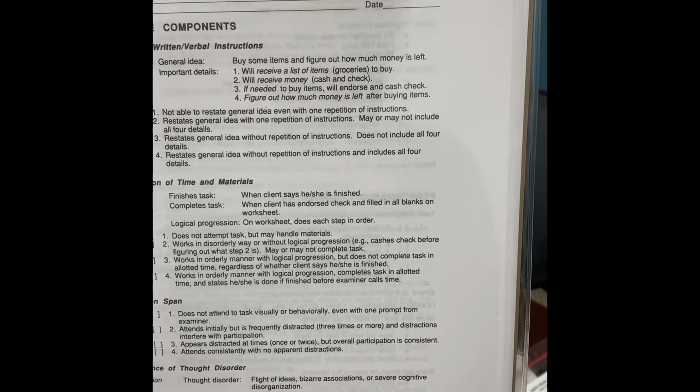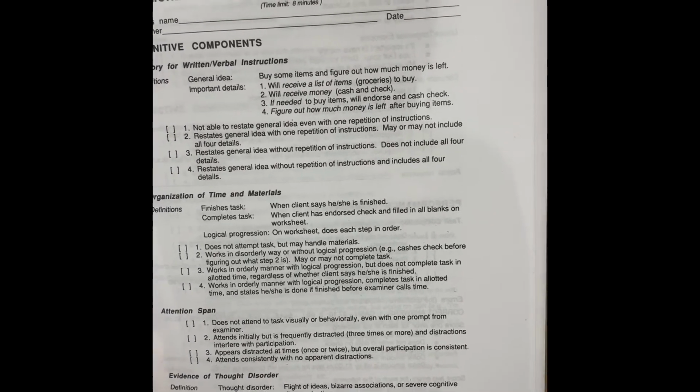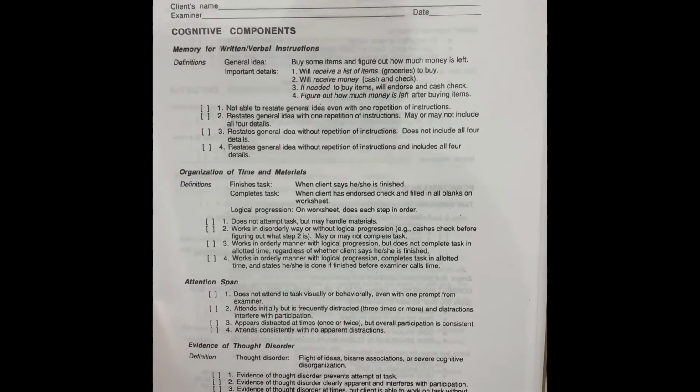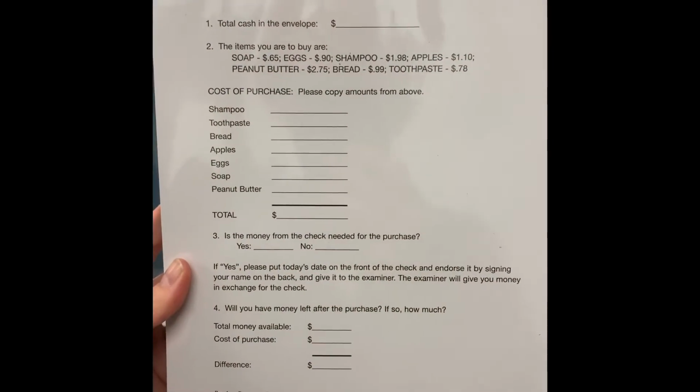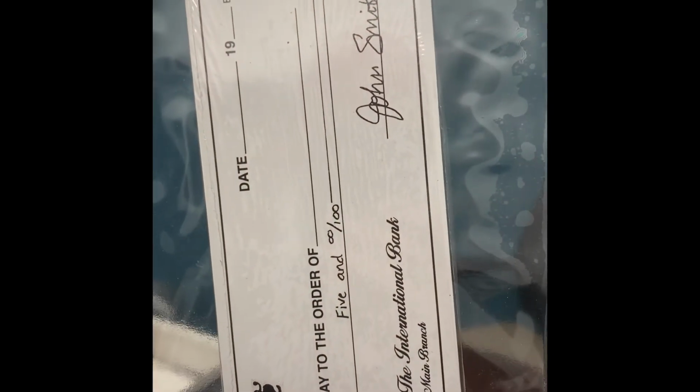They will need to figure out how much money they're going to need to buy items and how much money they have left afterwards. You will give them the task and they will complete it. And this is what the worksheet for that looks like. And this is what the check looks like that you're going to give them.